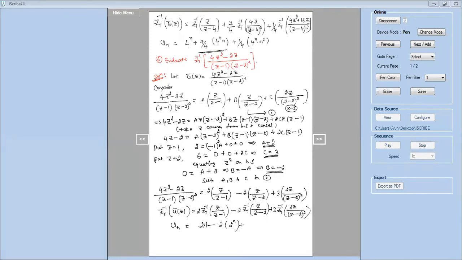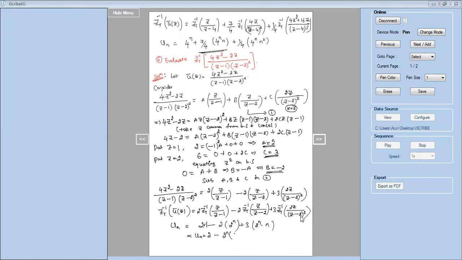Plus the next term, 3 into what is the inverse of 2z by z minus 2 whole square? It is k power n into n, so k is 2. K power n means 2 power n, 2 power n into n. So I can write it like this. Un equals 2 minus 3 times 2 power n n, I can take minus 2 power n common here.